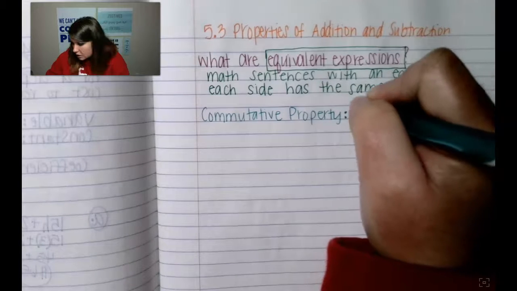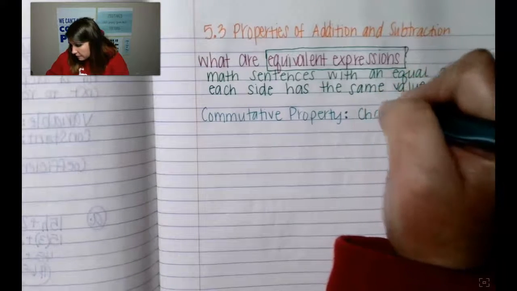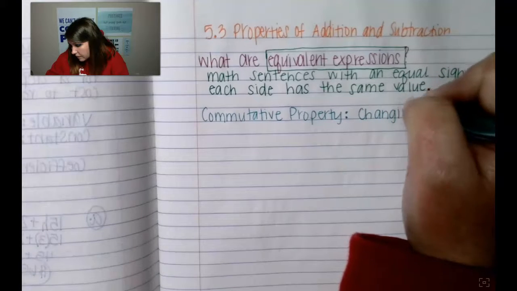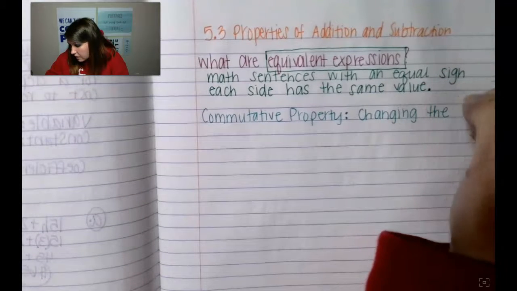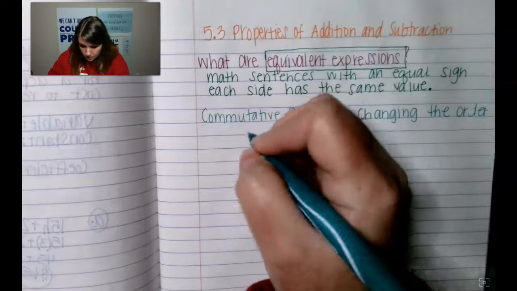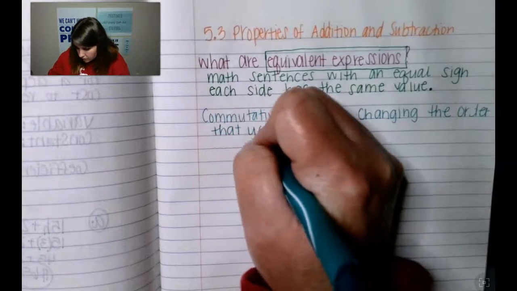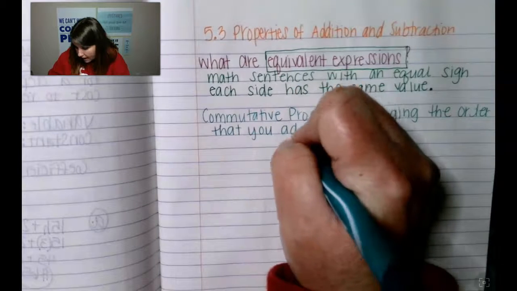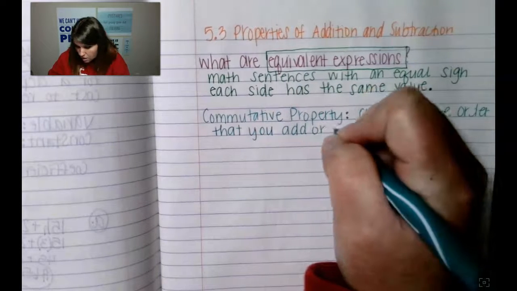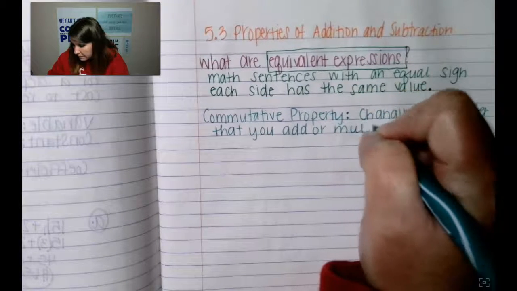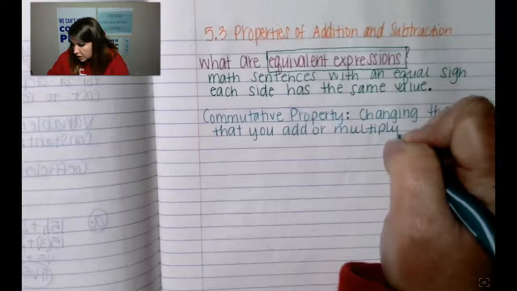So the commutative property is changing the order that you add or multiply an expression.